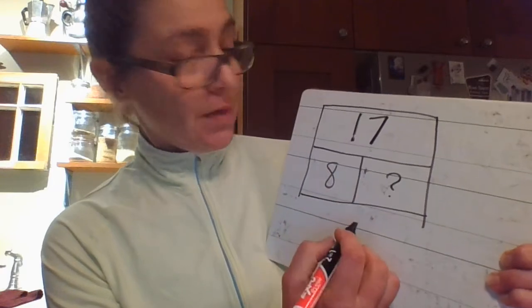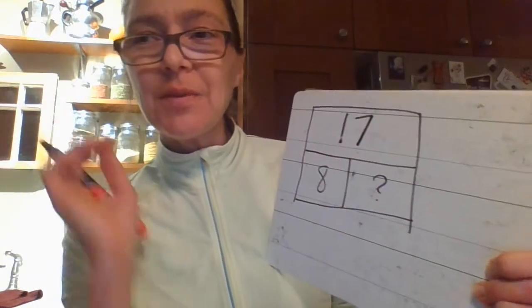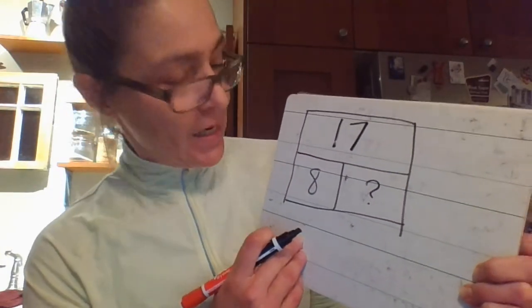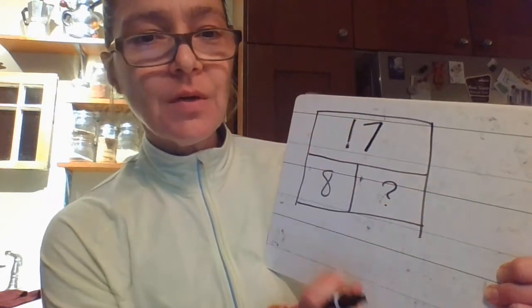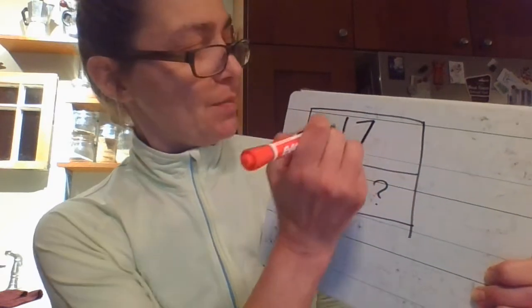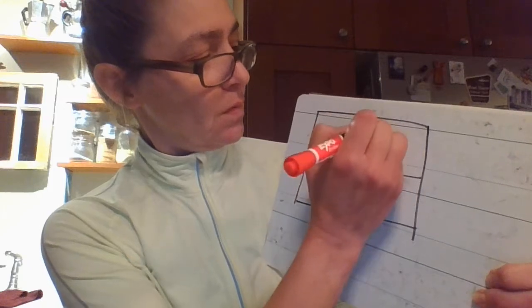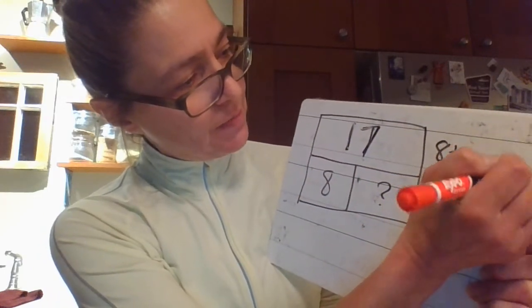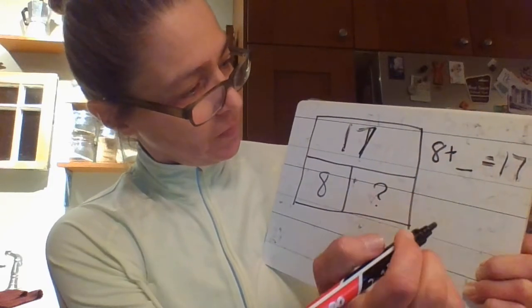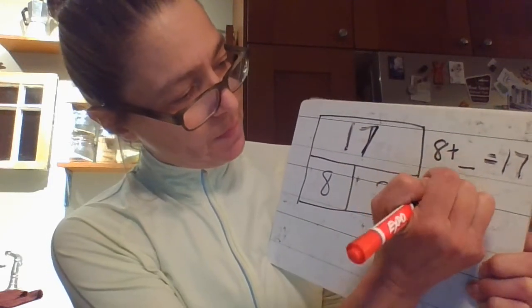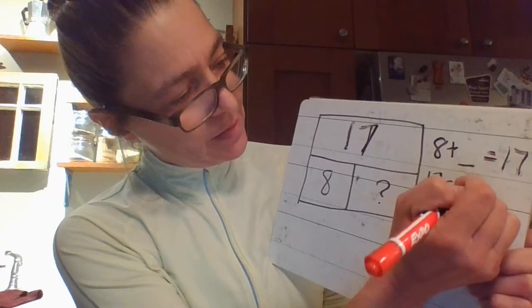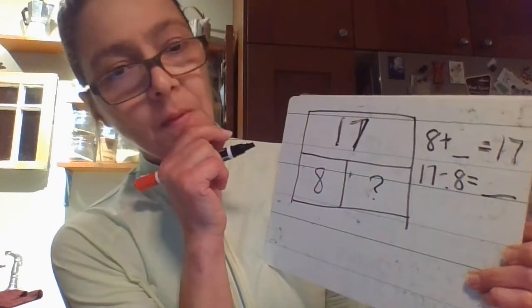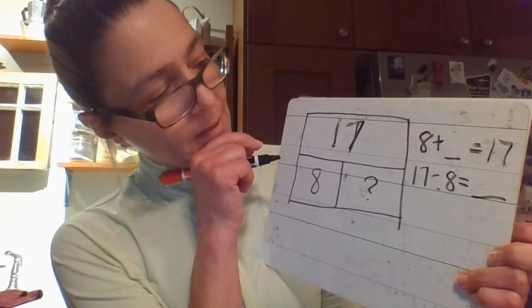And here is how it goes. You think of that fact family I was telling you about yesterday, and you make all the 4 equations that can add up to this total. So we have 8 plus something equals 17. 17 minus 8 equals something. Okay.